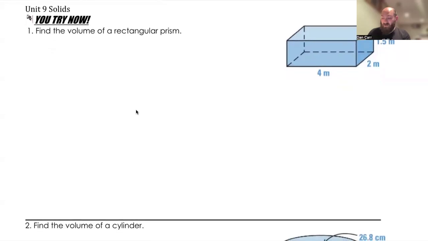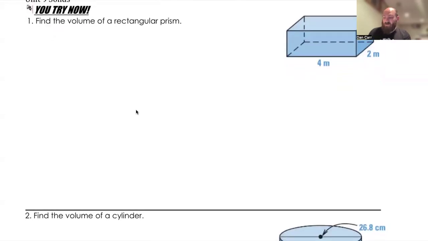That is actually it for today. All we're focusing on is volume. Something like this rectangular prism, I'll give you a heads up. When you try this on your own, remember the base is a rectangle. Once you know the base is a rectangle, you know that the area of the base is going to be base times height.